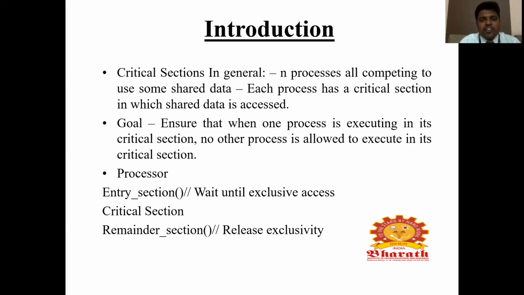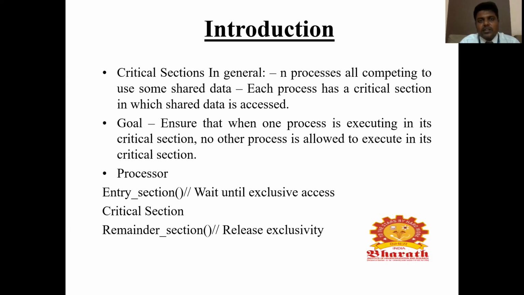The next one is the critical section. In general, n processors are all competing to use some shared data. Each process has a critical section in which shared data is accessed.